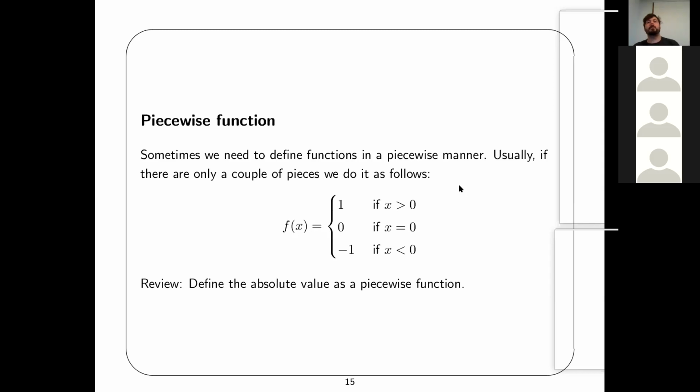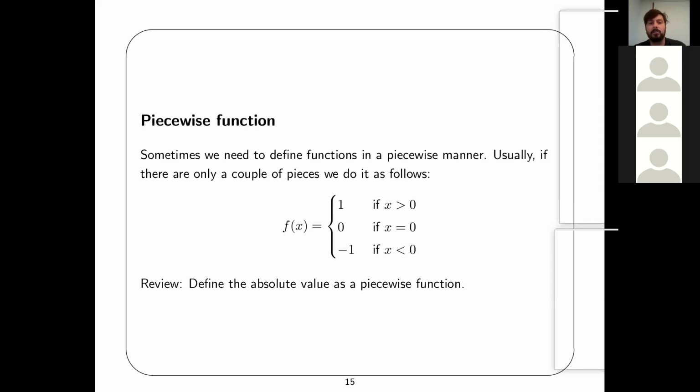And then here would be another review question: define the absolute value as a piecewise function. And if you define it like this, I leave this for the next review task, which we will have after we've done a little bit more of this material. But just as a taste of what's to come, this happens when we have non-continuous functions, like functions that have a quick jump, like in this case.